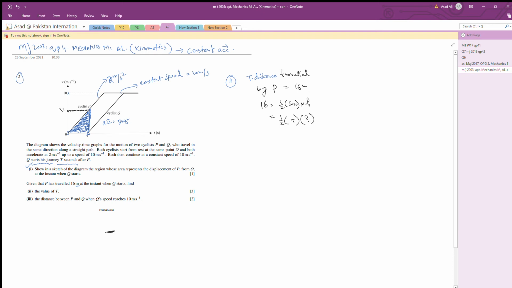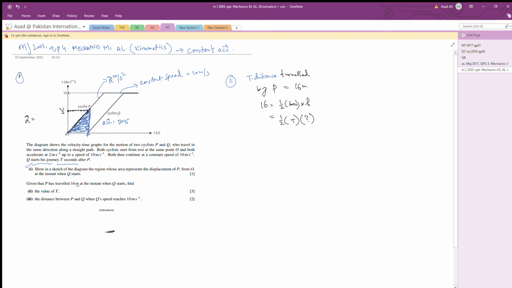Now how to find the height here? Look, height is speed or velocity. I'm calling the velocity V. Now you know this slope is representing acceleration. So acceleration is 2 meters per second square.